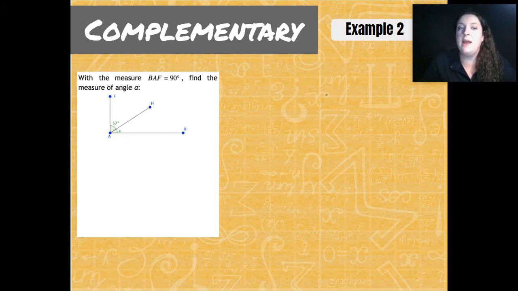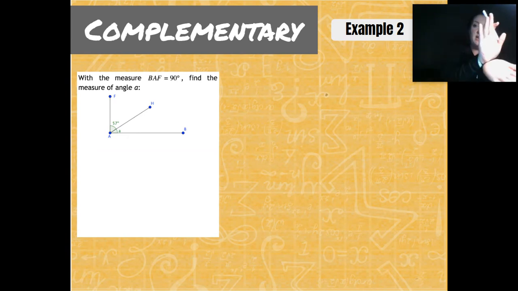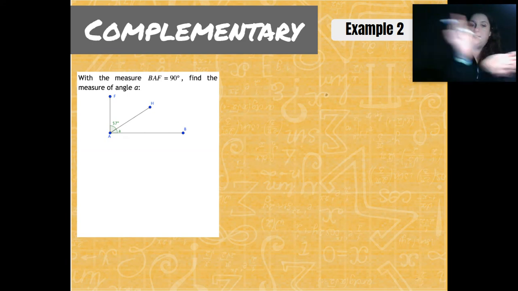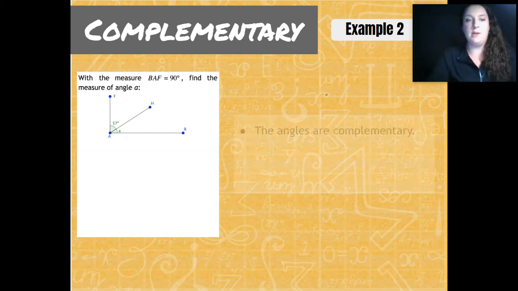It's telling you that the measure of BAF equals 90 degrees, because A is the center and F and B are the two furthest rays away. So here's your 90-degree angle. You have B over here and F over here. This vertex is 90 degrees. It's telling you the answer.